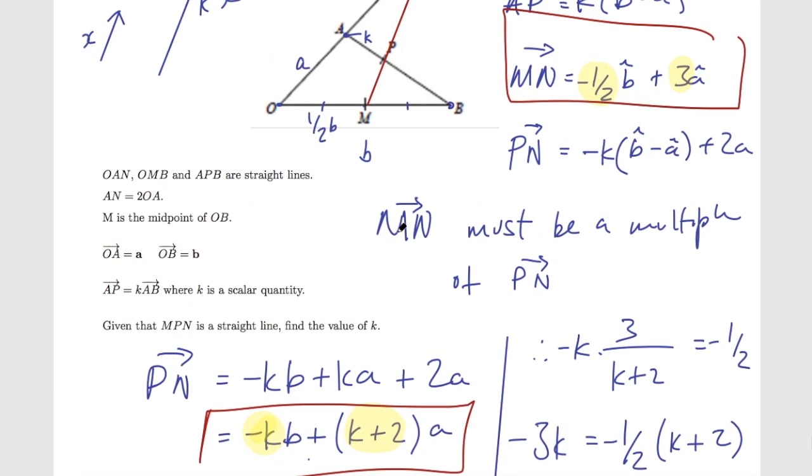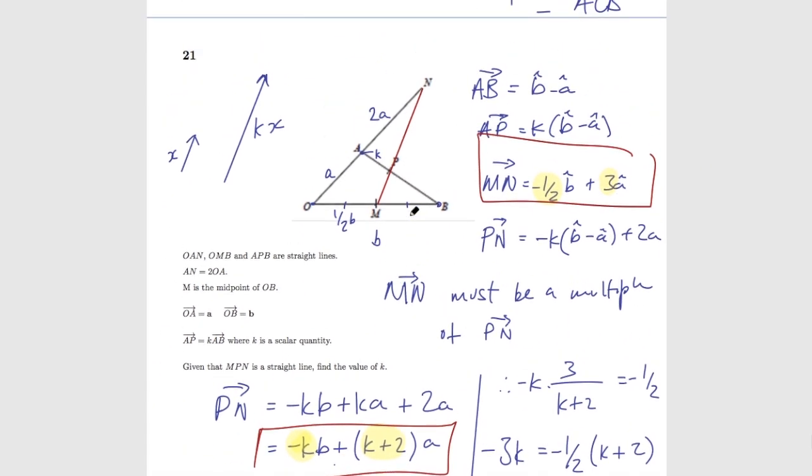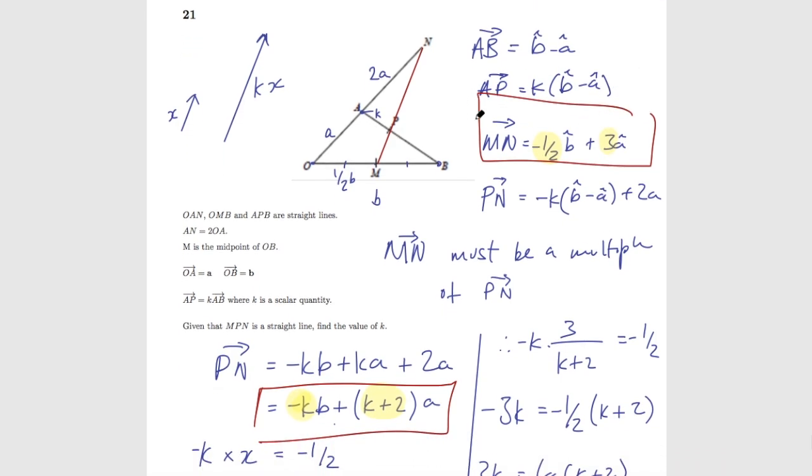Let me just go over again the steps that I used. Firstly, my first step was to relate k to b and a, which I did with the vector AP. Then I took the relationships that I was told. So I was told that AN was 2OA, and I related the vector MN to PN by some multiple x.